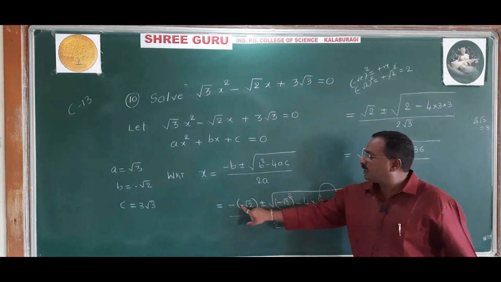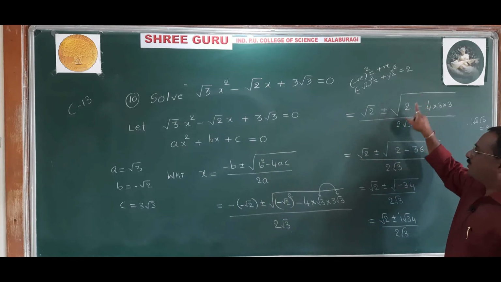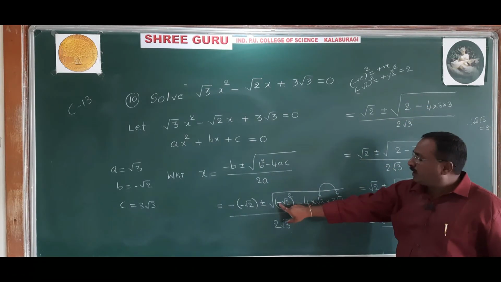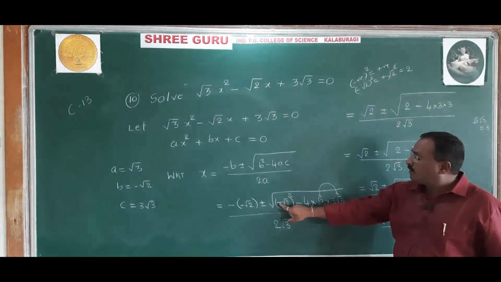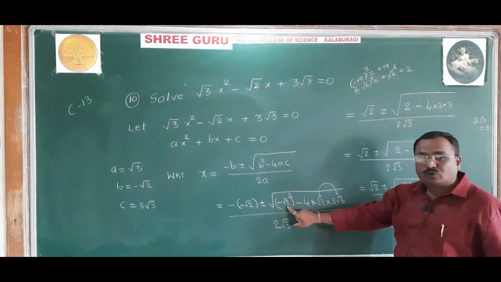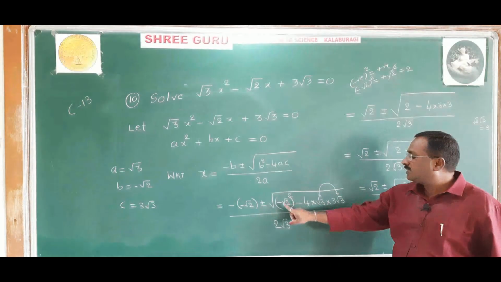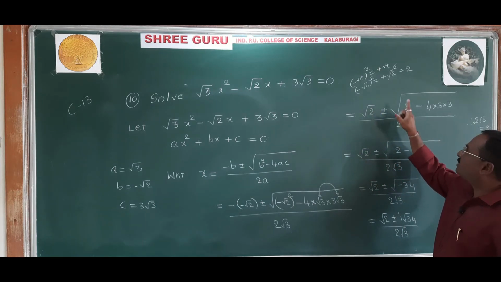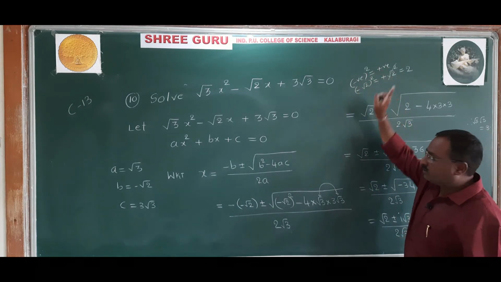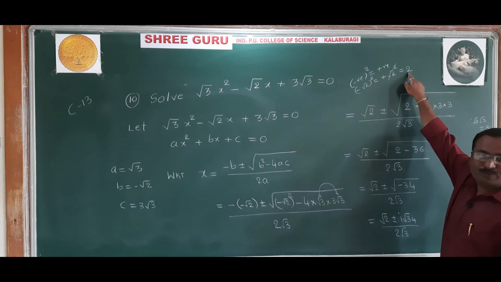This is minus minus plus root 2 plus or minus square root of, here minus root 2 whole square. If this square applies to the negative and root 2, both, root a b can be written as root a into root b. Negative square is what? Positive. Root 2 whole square is what? 2.